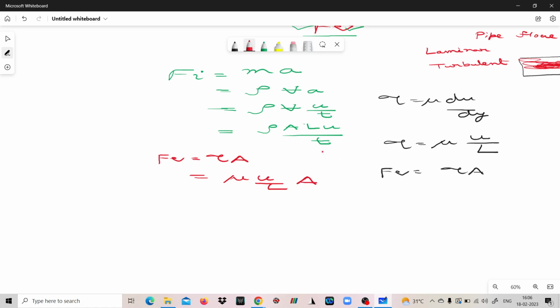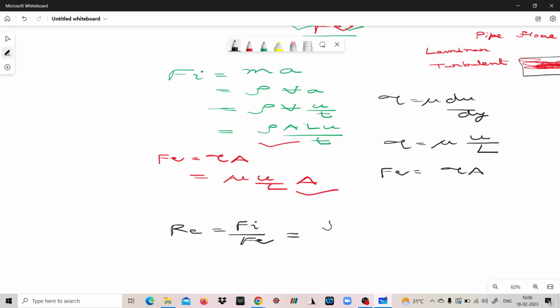So we have an expression for inertial force and an expression for viscous force. Then what will be the Reynolds number? Reynolds number Re, by definition, is the ratio of inertial force to viscous force.